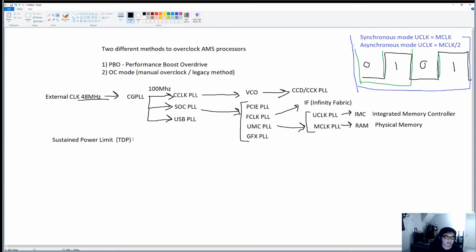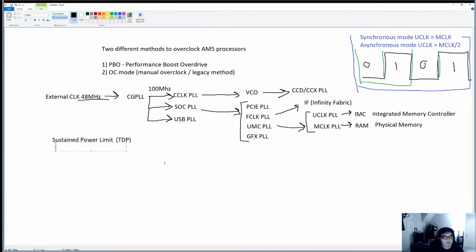So, the sustained power limit over the TDP. The TDP is the thermal design power. Let me give you guys some definitions. Thermal design power is the way AMD comes up with a number when they're designing the product. In this case, they're saying 170 watts is the TDP of the 7950X.